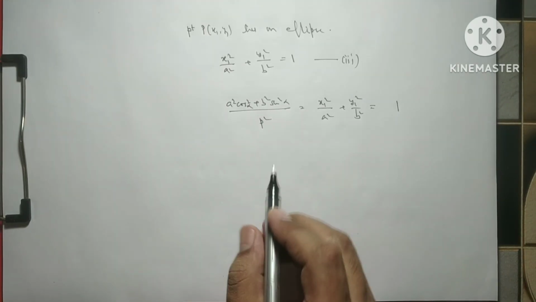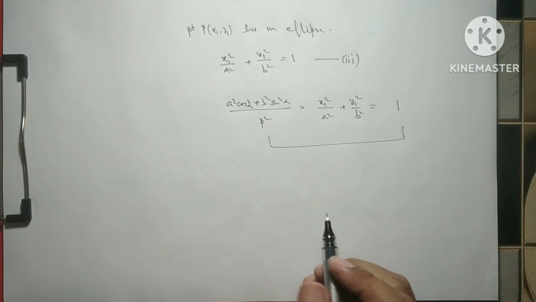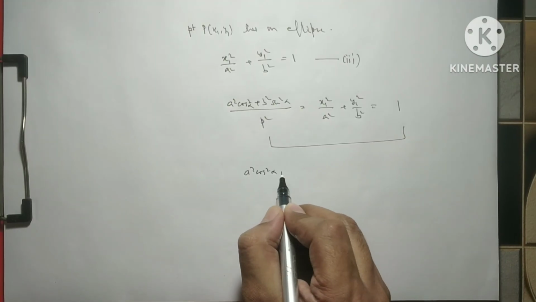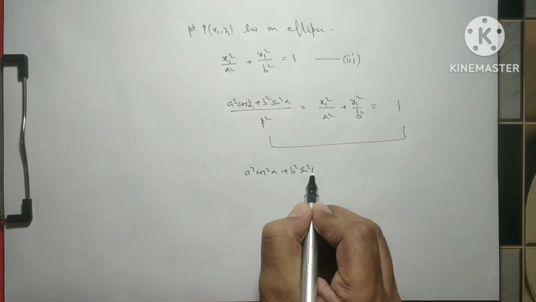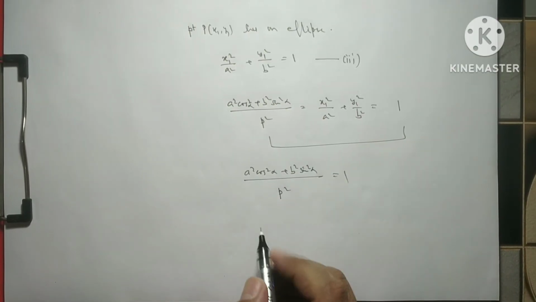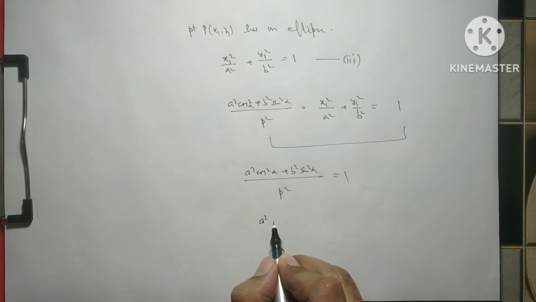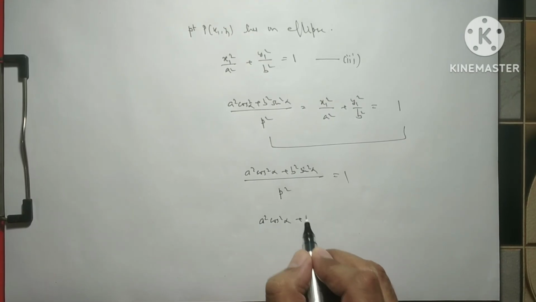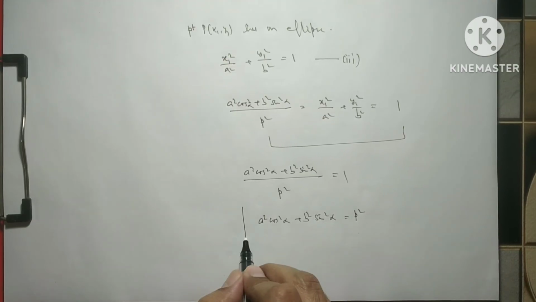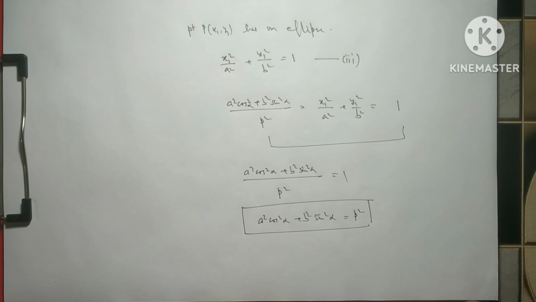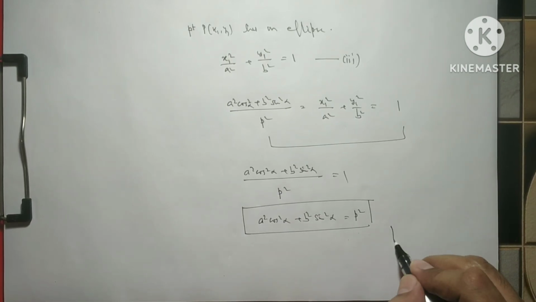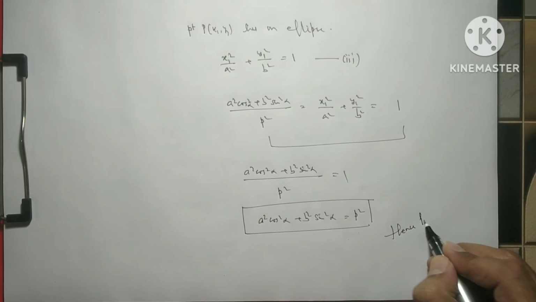So a square cos square alpha plus b square sin square alpha over p square equals 1. Now p square comes to the right-hand side, meaning a square cos square alpha plus b square sin square alpha equals p square. So this is the required expression. Hence proved.